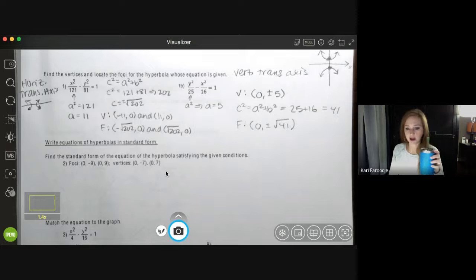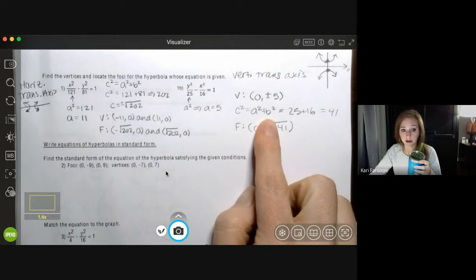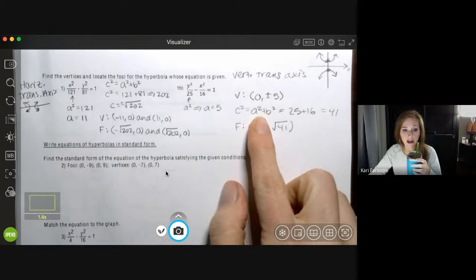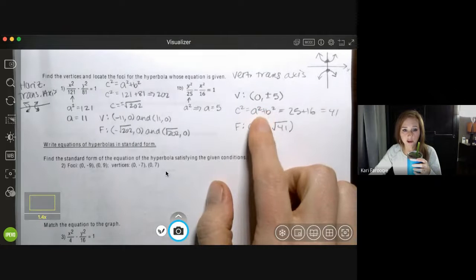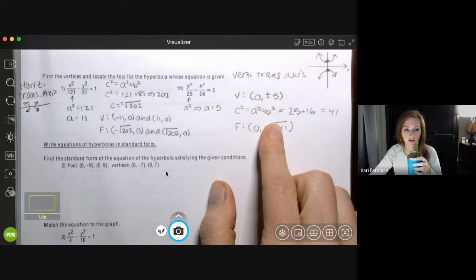Questions on 1A or 1B? Well, then it kind of has to be greater because if you're adding up A squared and B squared, it has to be greater than A. The only thing I was thinking was you might accidentally get this formula mixed up with the one you use to find the foci for ellipses. So you might say, okay, fine, C squared is A squared minus B squared.